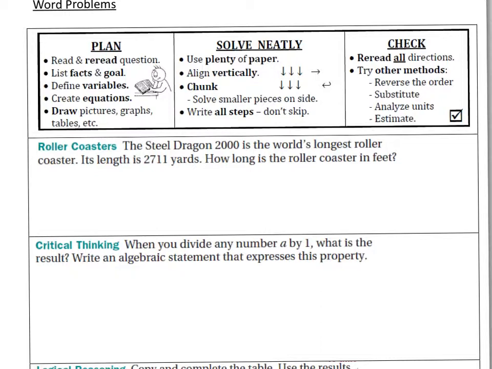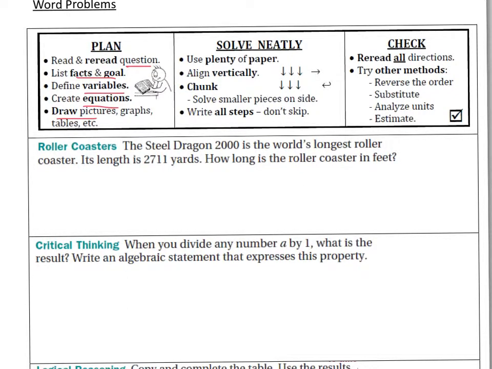Word problems. Okay, here I give you a strategy for solving word problems. When you read a word problem, you've got to plan. You have to read and reread the question. And the question is usually located in the last sentence in the paragraph. List facts and goals. Define the variables. Create equations. Draw pictures.